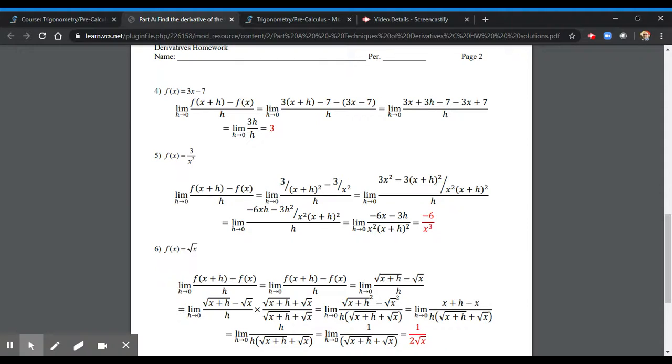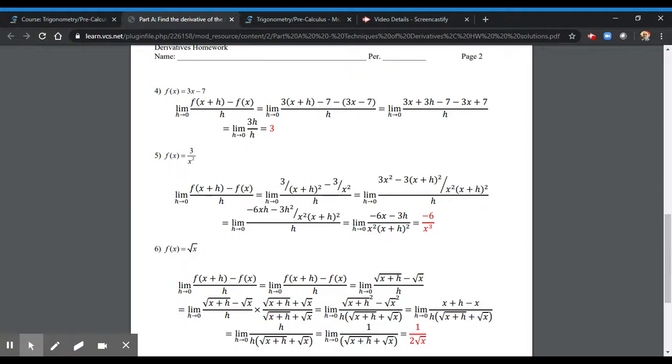I'm going to multiply top and bottom of this one by x squared. I'm going to multiply top and bottom of this one by x plus h squared. So now I have 3x squared minus 3 times x plus h squared, all divided by my common denominator of x squared times x plus h squared, all divided by h.